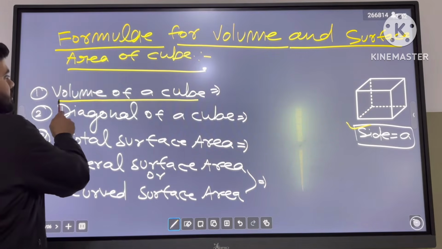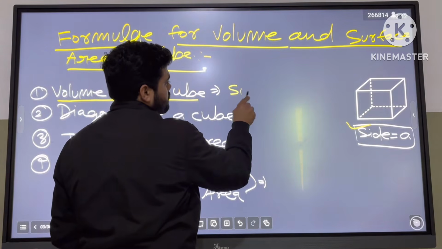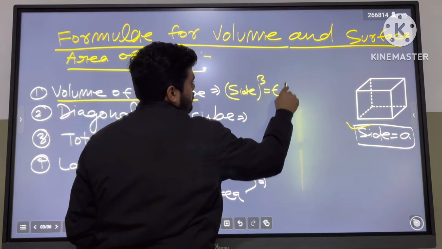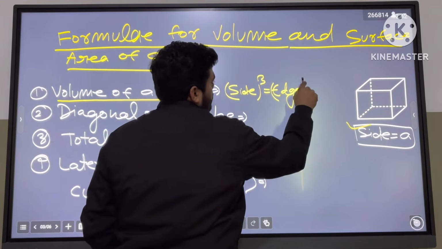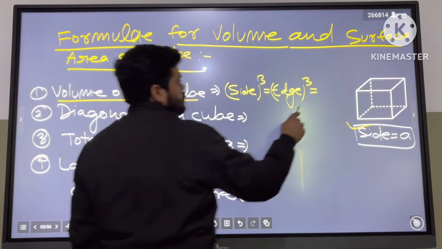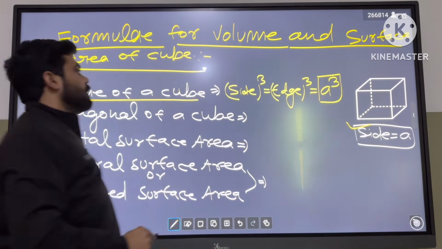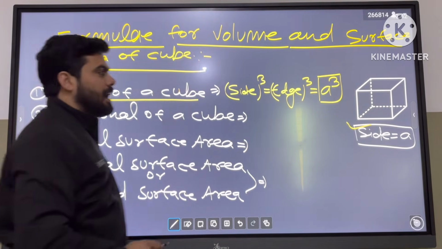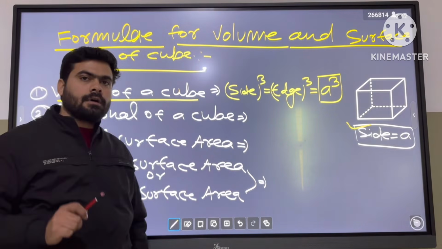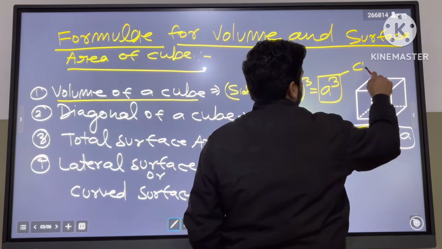So, dear students, volume of the cube is side cube, or a cube. The formula is a cube, and the unit of volume of the cube is similar to the unit of cuboid.